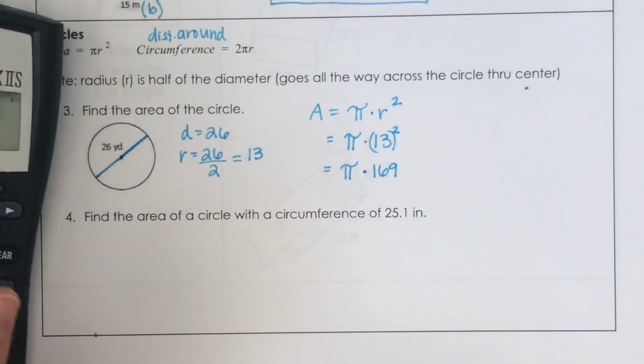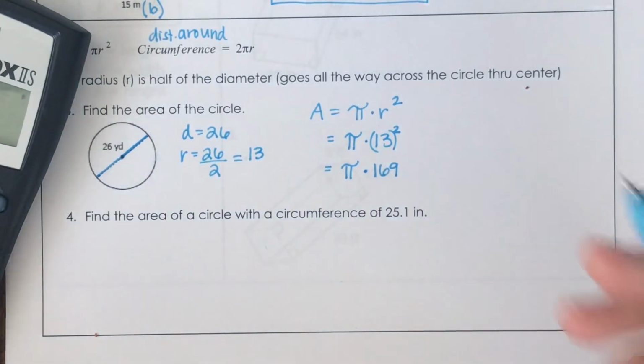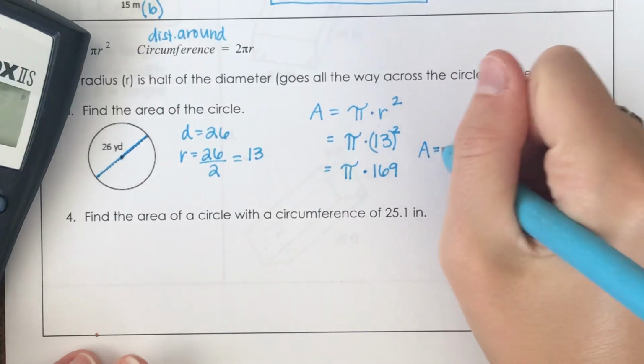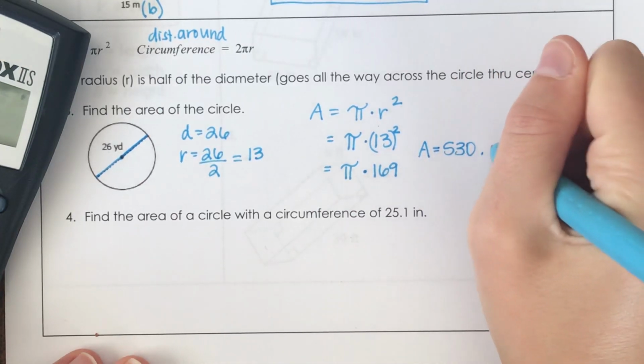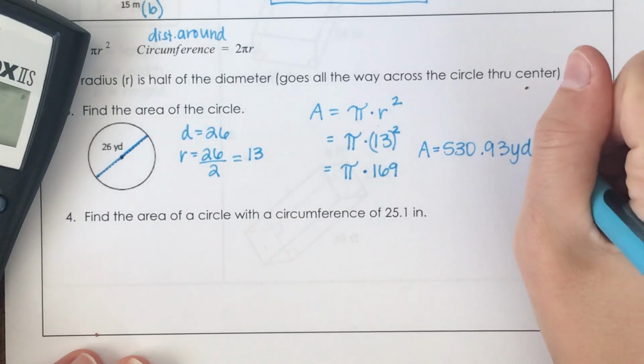That's a close enough number to use, but if you have a pi button, I would prefer that you actually use the pi button because it gives you a more accurate answer here, okay? So our area is 530.93 yards squared.